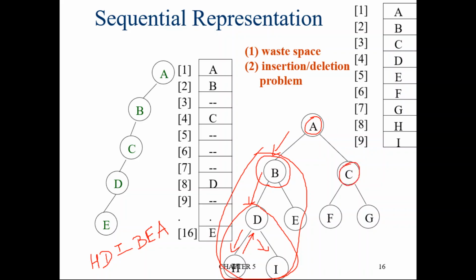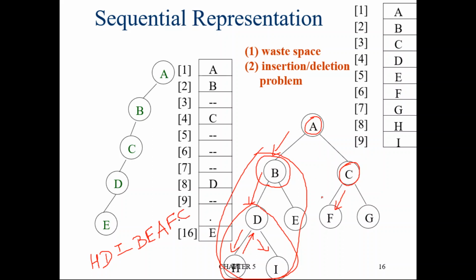But is it a root node? Yes, it's a root node. If it is a root node, then go to its left, F. Now is F a left child of something? Yes. But is it a root node? No. So visit F first. Then go to its root. What is the root of F? C. So visit C. Then go to right.